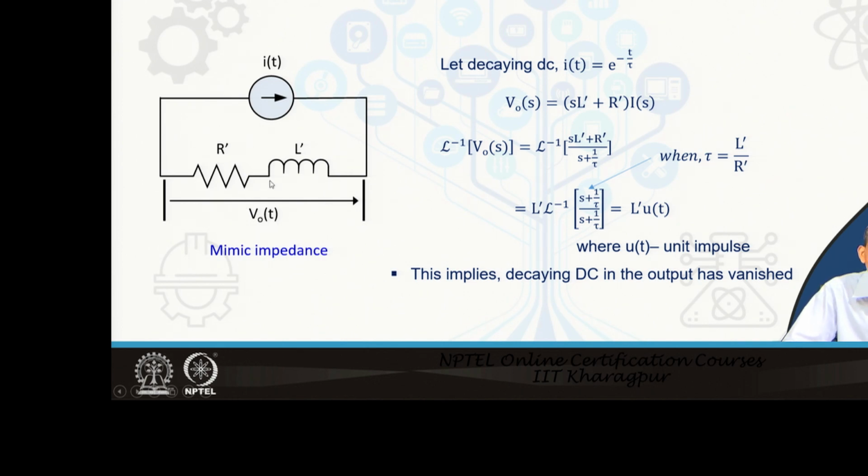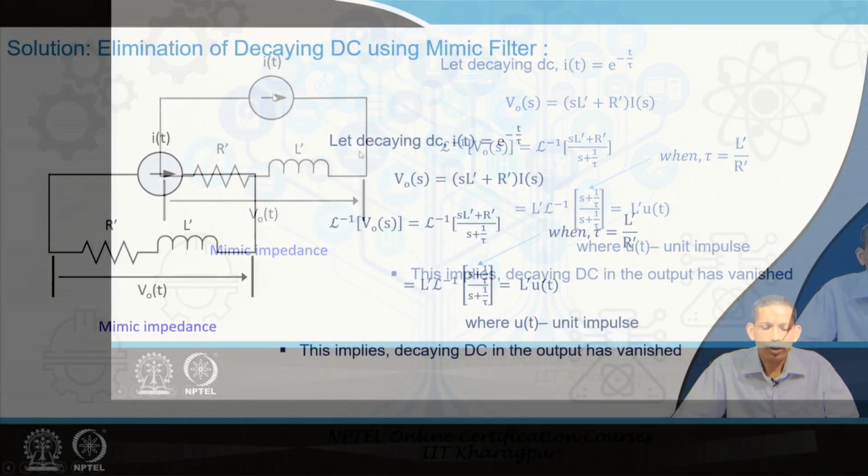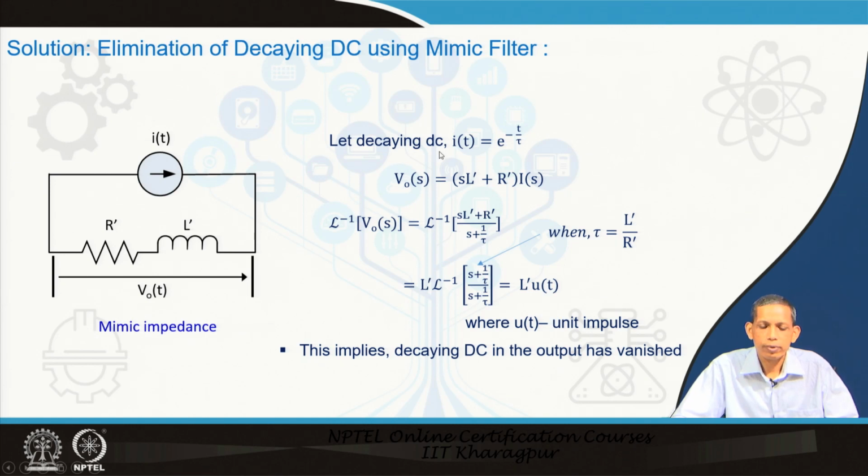Now, we will see how this corresponding circuit is useful. Let the decaying DC current be I t equal to e to the power minus t by tau. This tau is the time constant L by R of the power system circuit, as we have seen in the earlier slide.